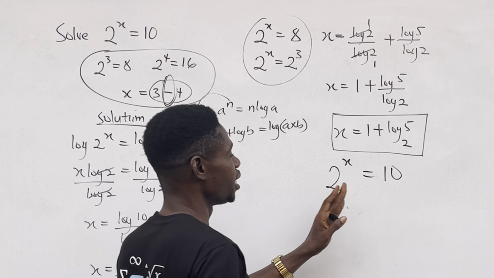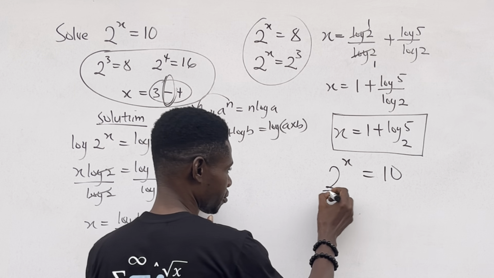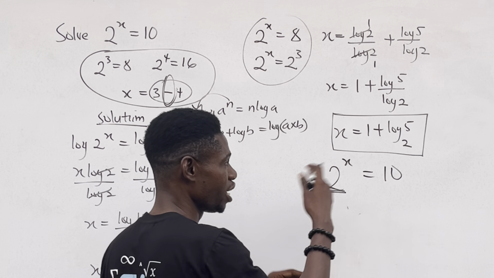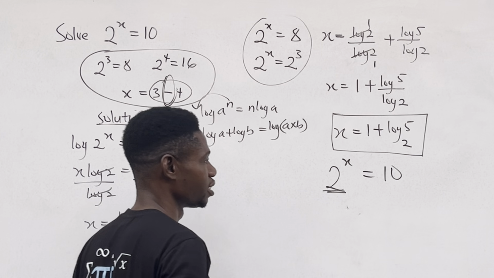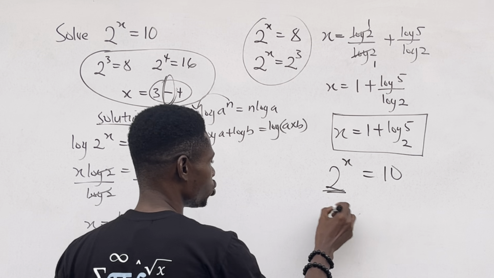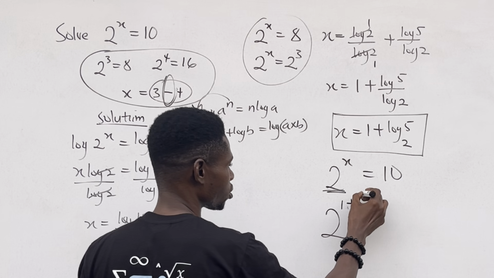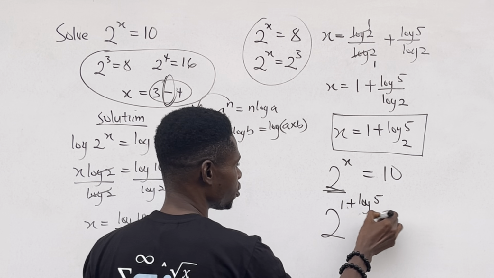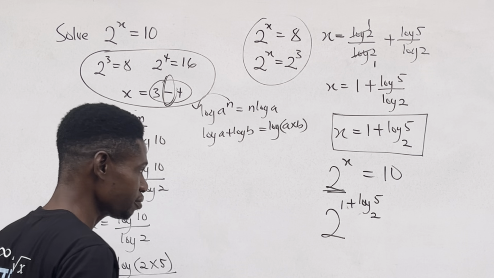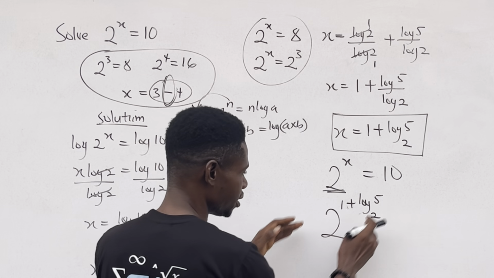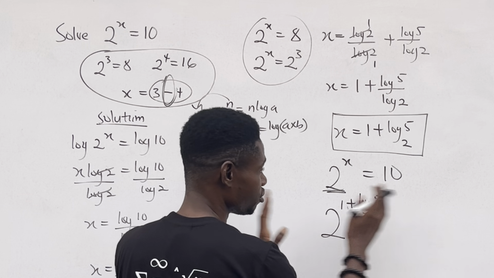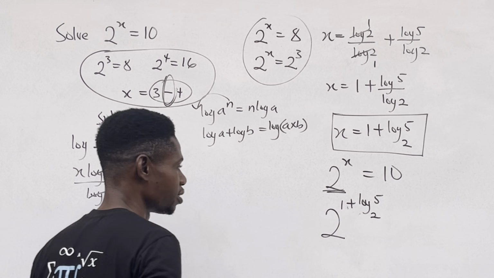So we're going to pick the left-hand side and place our x and see if it will give us 10. So what we have is 2 raised to the power x. Now our x is 1 plus log 5 base 2. So let's break this down and see if it gives us 10. If it gives us 10, that means it is correct.